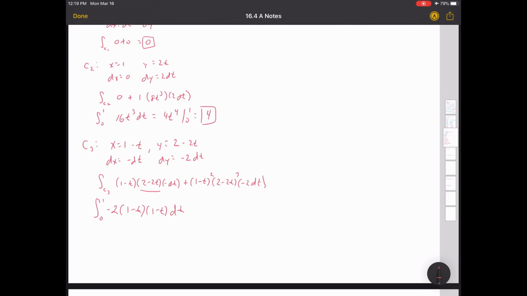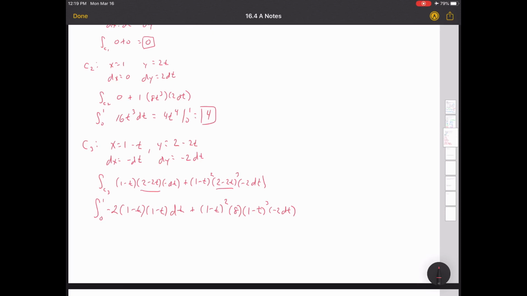Hopefully you can see the same general idea is going to happen over here. I'm still going to have this (1 minus t) squared. But then again, I can factor the 2 out of here, which, technically, would be a 2 cubed that I'm factoring out, so I'd have to pull an 8 out. And then I'll have a (1 minus t) cubed left over. And I've got negative 2 dt.